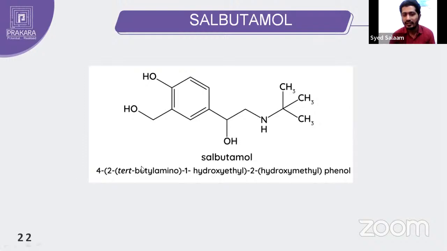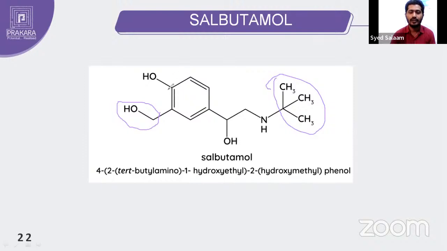So if you see salbutamol, you can see that two major differences are here. Instead of that hydroxyl, we are having CH2OH, it is here. This branch is there. As well as you can see this tertiary butyl. So on the fourth position, we are having a tertiary butyl amino.